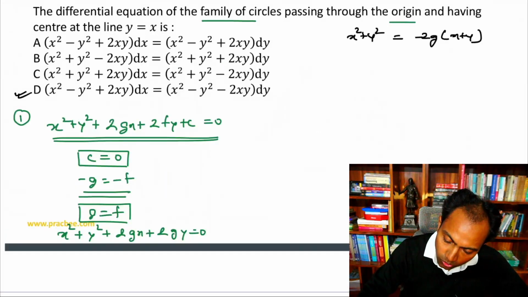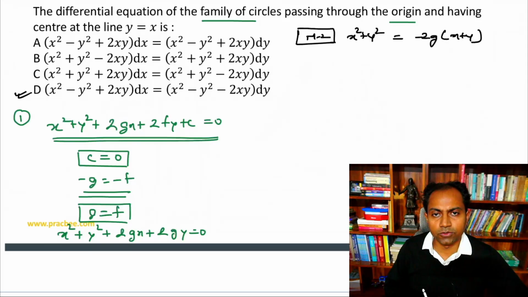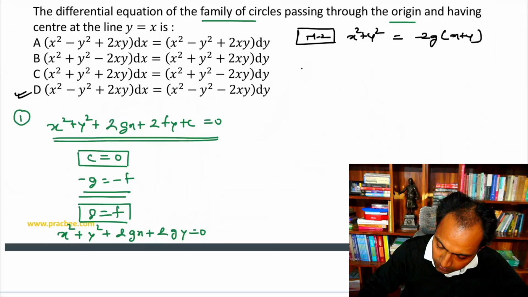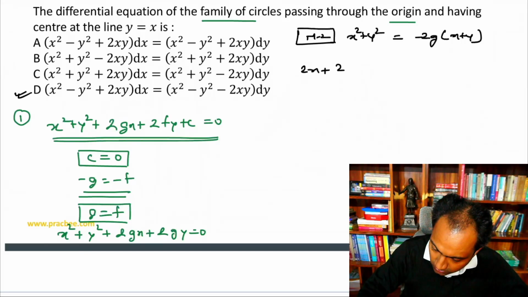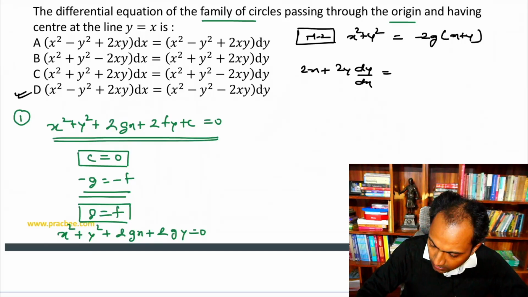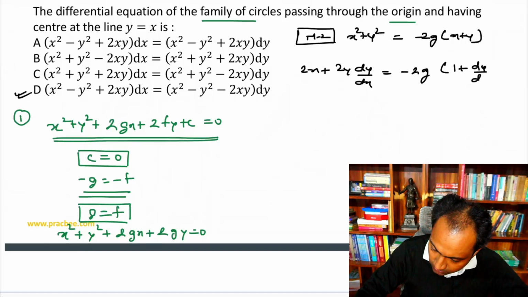Now in method 2, we are going to apply substitution in order to solve this question. So we will differentiate both the sides. So twice of x, twice of y, dy by dx can easily be written. Here we are going to get minus 2g into 1 plus dy by dx.